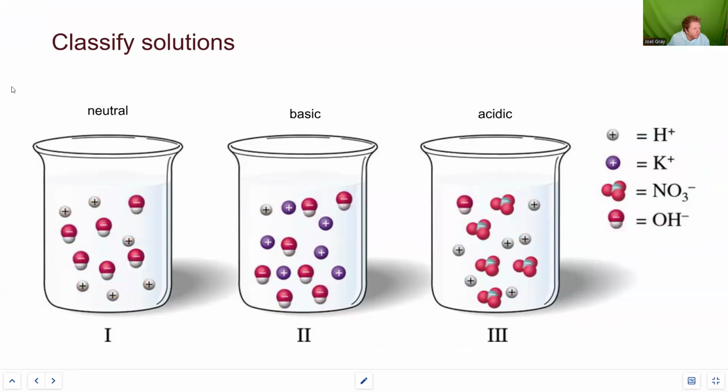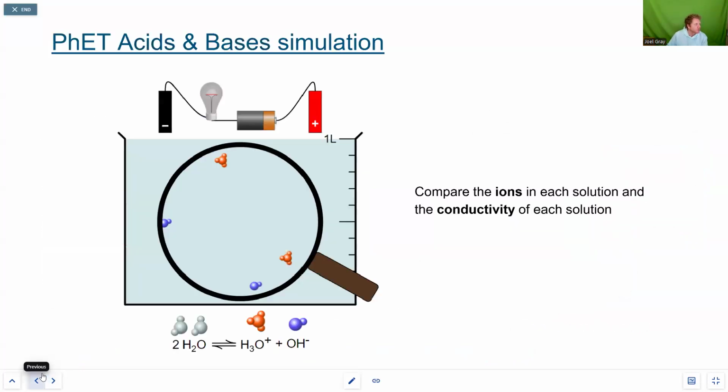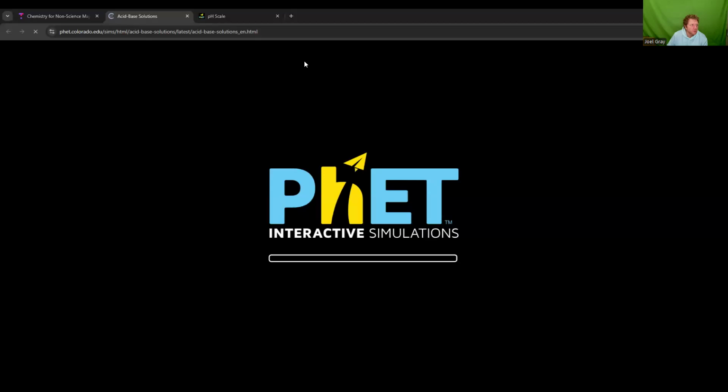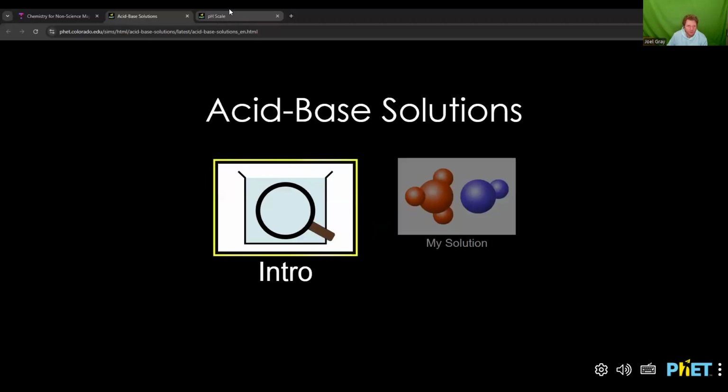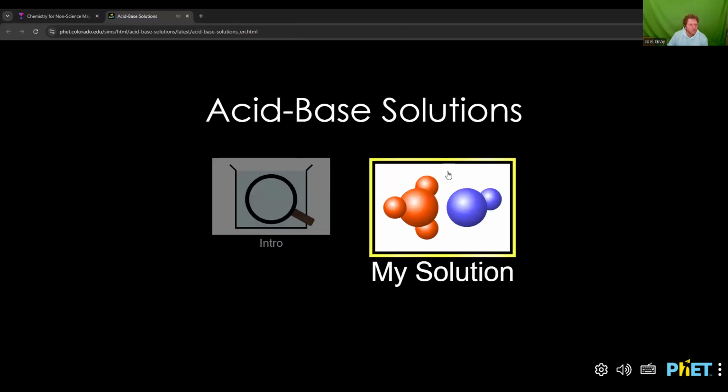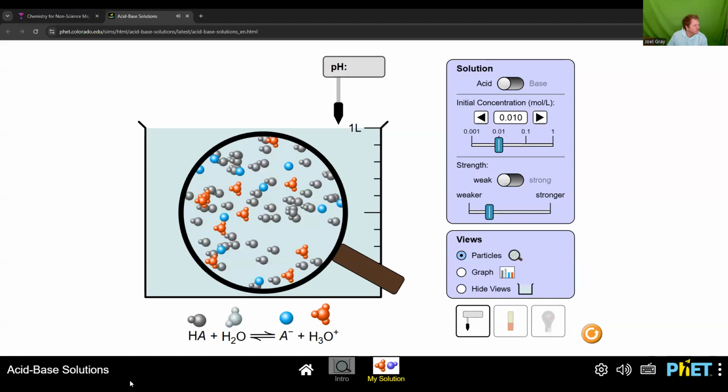Okay. Now, our next classification is that we want to look at the ions in a solution and the conductivity of a solution. So we've already talked about these with respect to electrolytes and solutions that are capable of conducting electricity, like sodium chloride. A saltwater solution can conduct electricity.